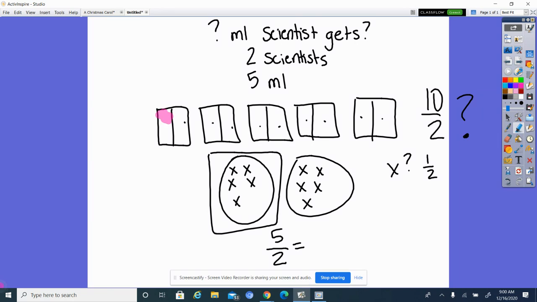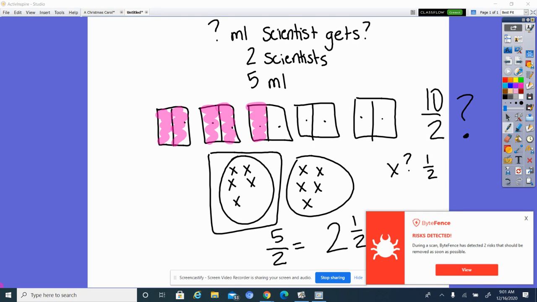We have 1 half, 2 halves, 3 halves, 4 halves, 5 halves. So how much do I have in 5 halves? 2 and 1 half. How else could I have changed that improper fraction to a mixed number? How else could I solve this?